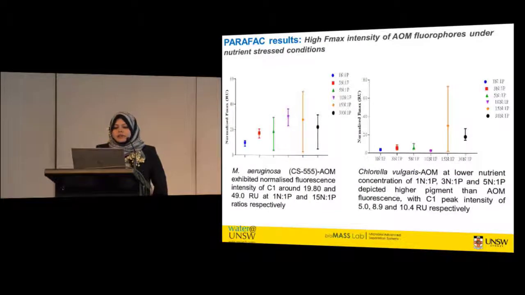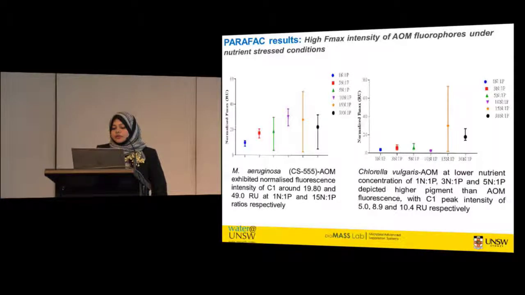So coming to our PARAFAC results, we saw that there was a high release of protein-like fluorescence under nutrient stress conditions. So for Microcystis aeruginosa species, we saw a high release of tryptophan at lower nutrient ratios as compared to the ambient condition of 10:1. And for the high concentration, we observed that peak T was released, but it was released during the later stages of the growth.